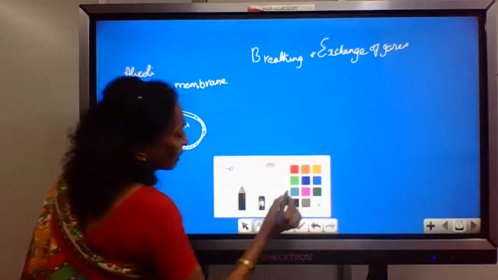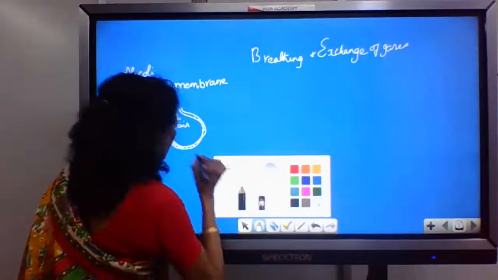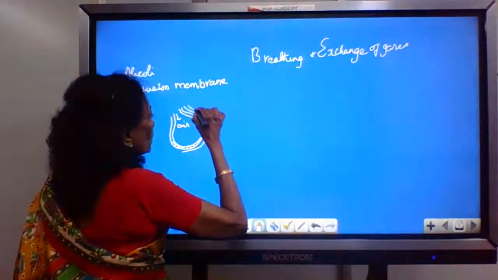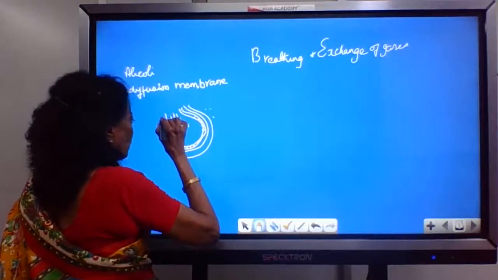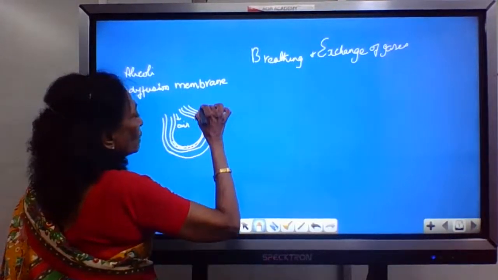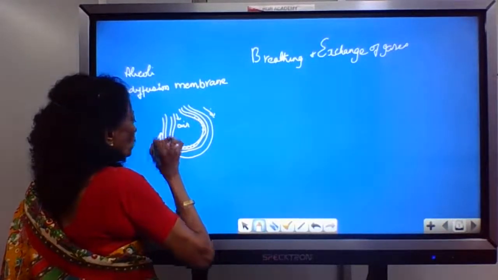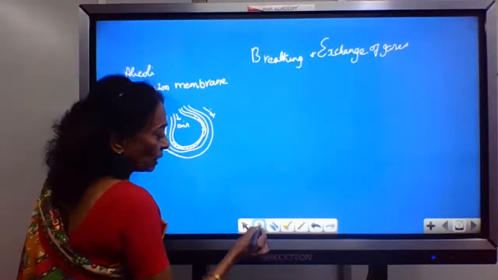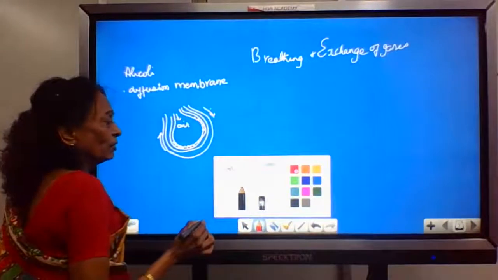Surrounding that, you have the blood vessel, the thin capillary surrounding the entire alveoli, purely diagrammatic. In one capillary blood is flowing downward, in the other capillary blood is flowing outward. According to the quality of the blood inside the capillary, we can denote it as a capillary of the artery or capillary of the vein.